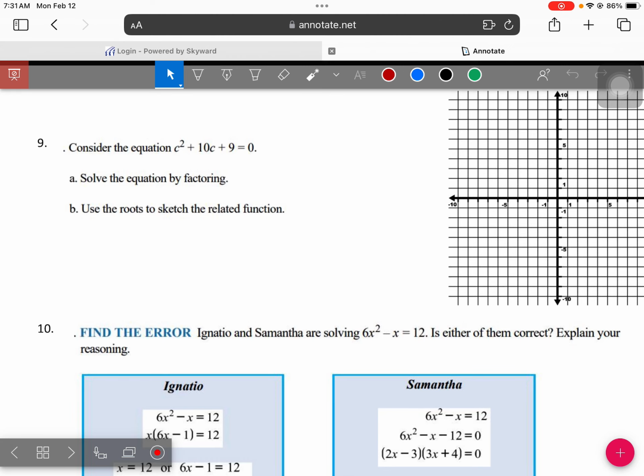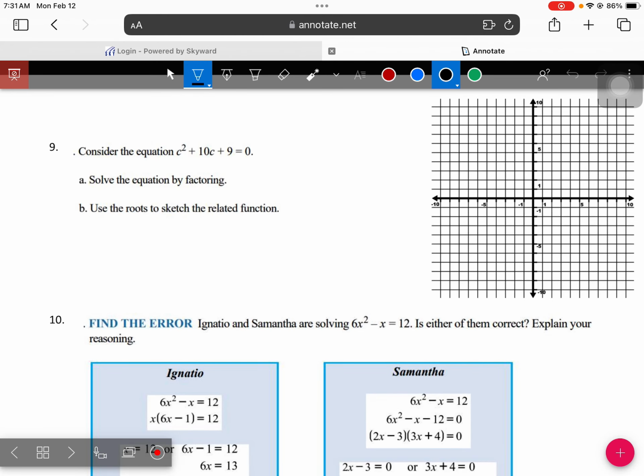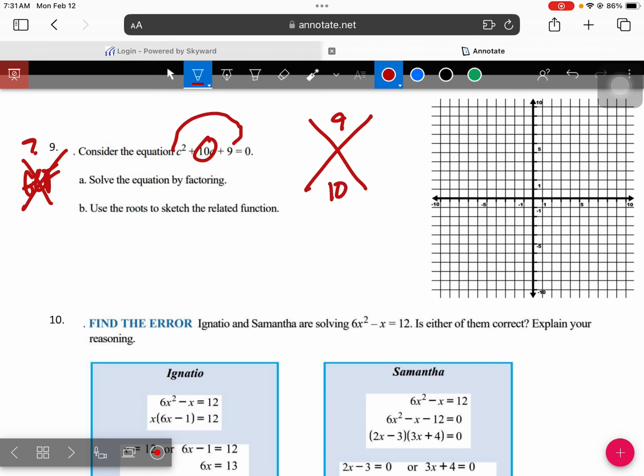All right, so given what we just did, what would I be looking for first? GCF. Do I have a GCF here? No, I do not. So then I go to the X box. A times C is going to give me 9, and my B value is going to give me 10.